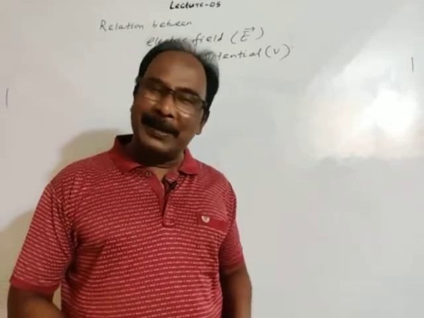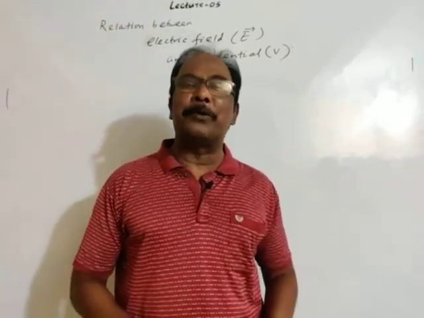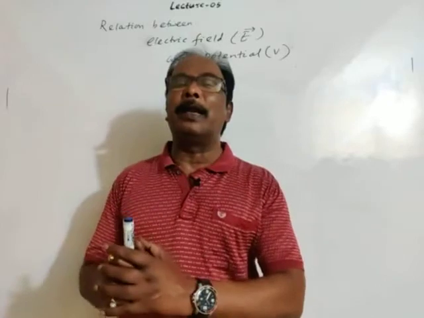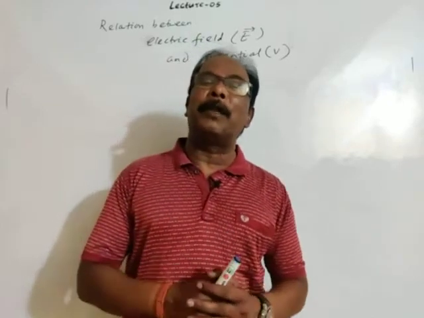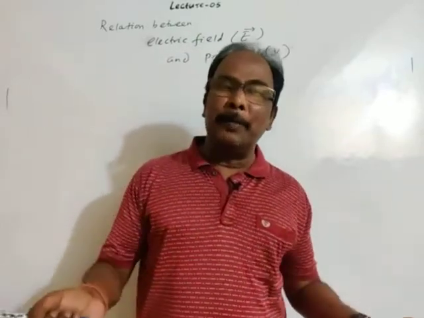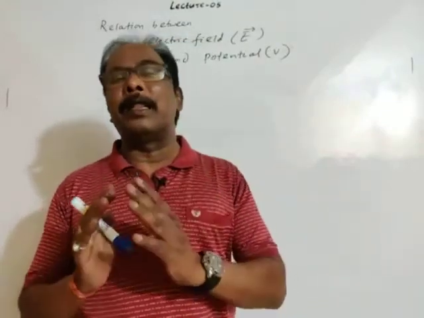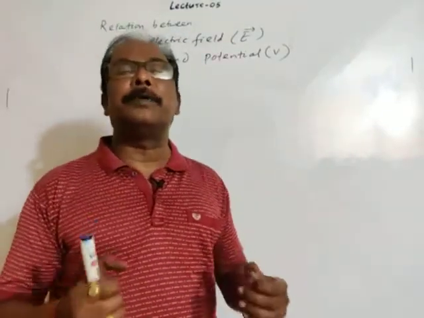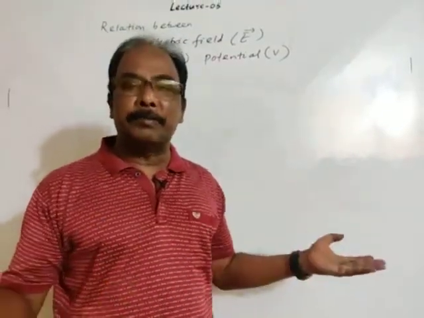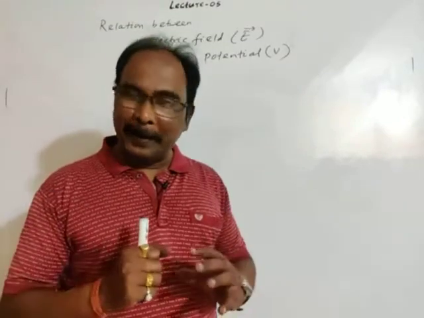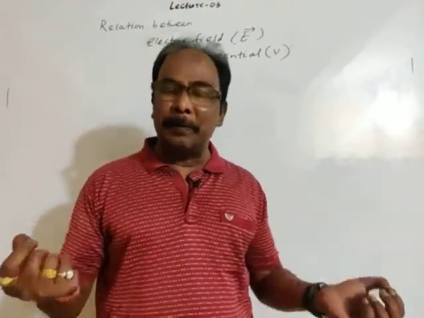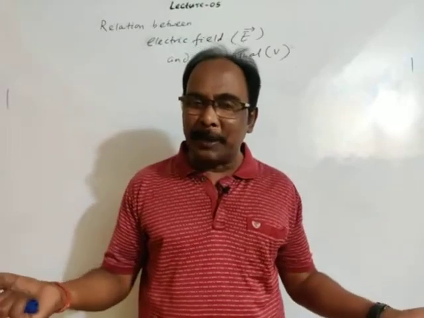In previous lectures, we have discussed qualitative and quantitative ideas about electric potential, and also electric potential difference. In chapter number 1, we discussed briefly electric field: electric field due to a point charge, and electric field due to a system of charges.